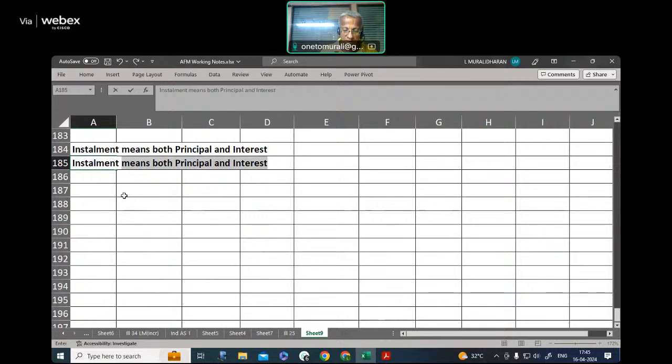Equated annual installment, EAI, like EMI, is equal to loan amount divided by annuity factor at the committed rate for 5 years.